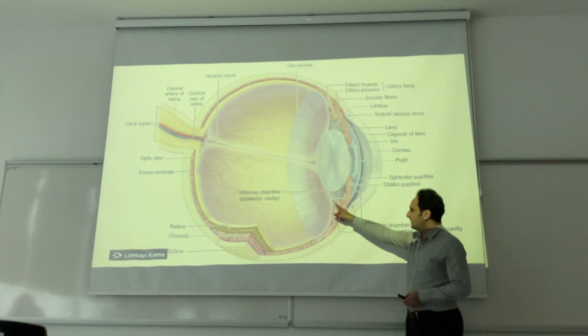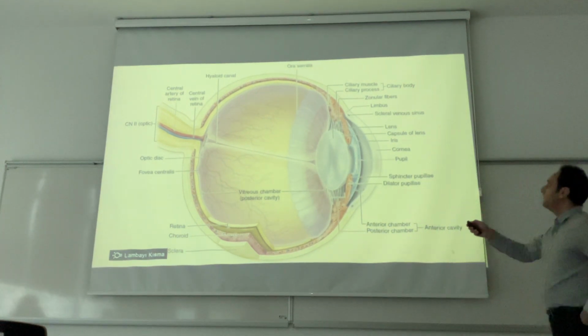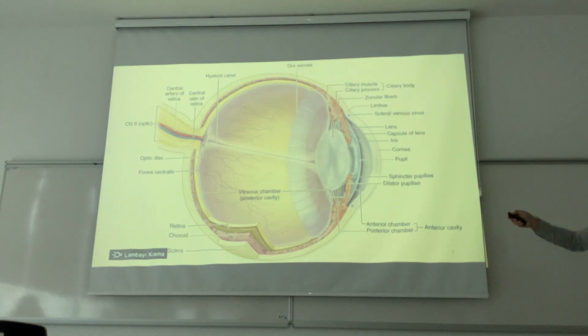After this part, you can see this thick area. This area is our ciliary body, and in the ciliary body we have the ciliary muscles and ciliary epithelium and also the ciliary fibers or zonular fibers.